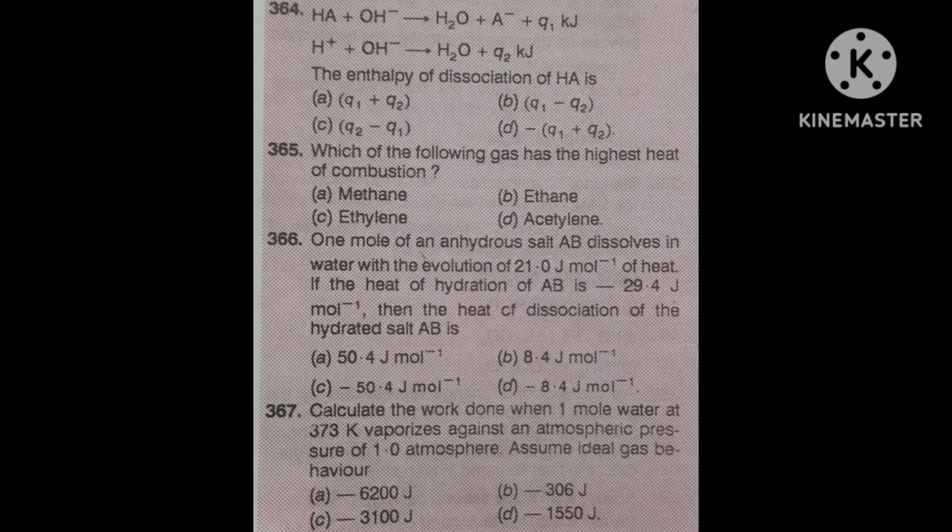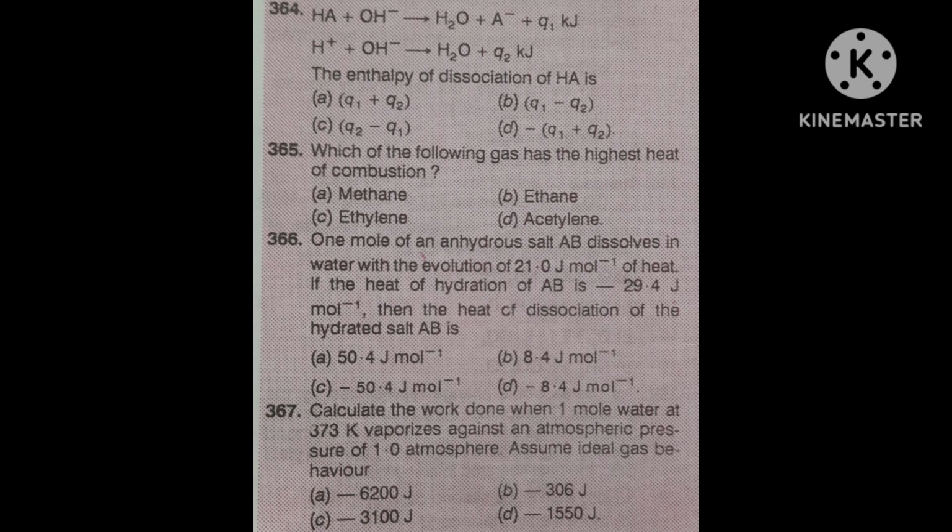1 mole means 18 gram. Correct? 18 gram. If density is 1, the normal case, because the question says assume ideal gas, then 373 means 273 plus 100, 373 K. Density is equal to mass by volume.